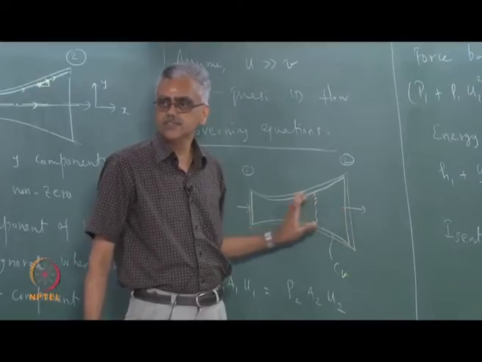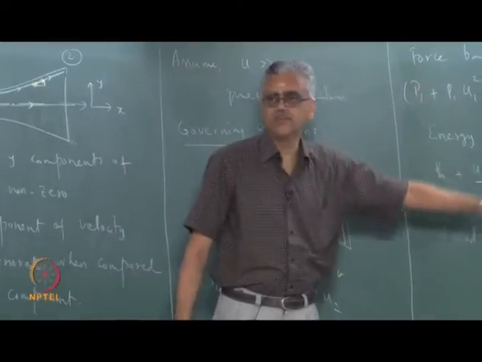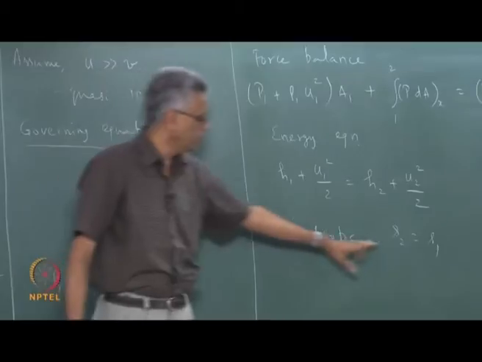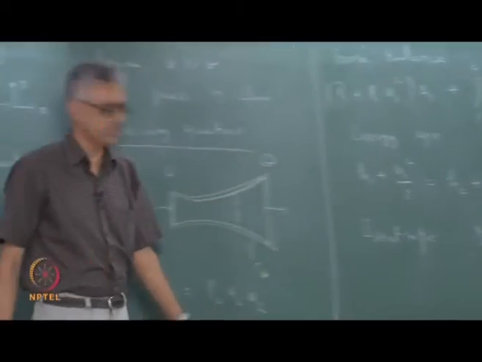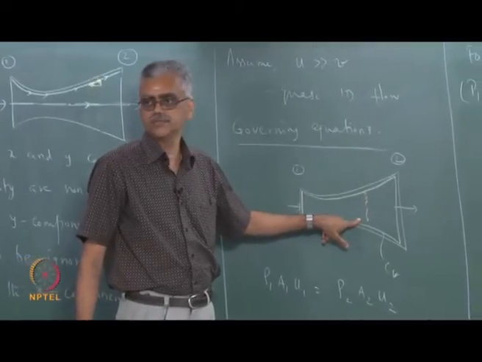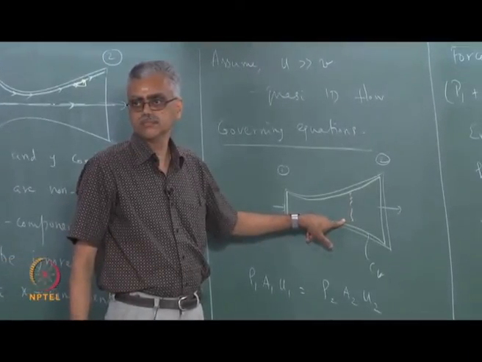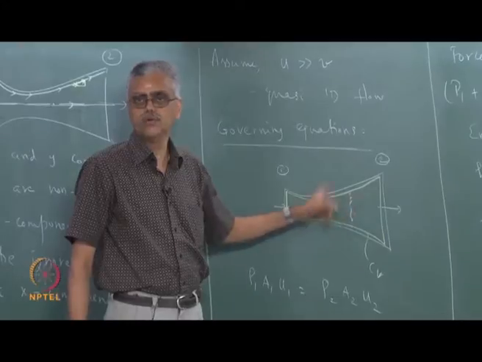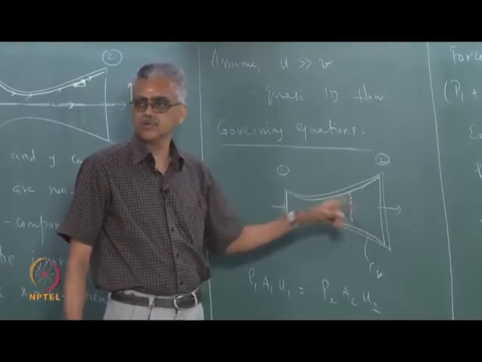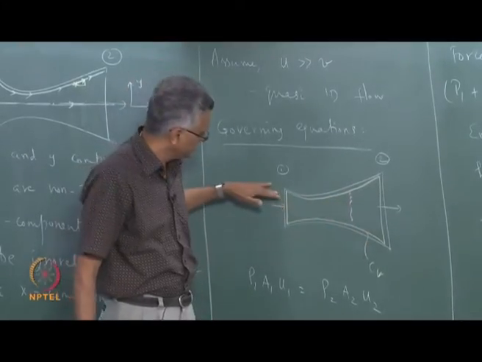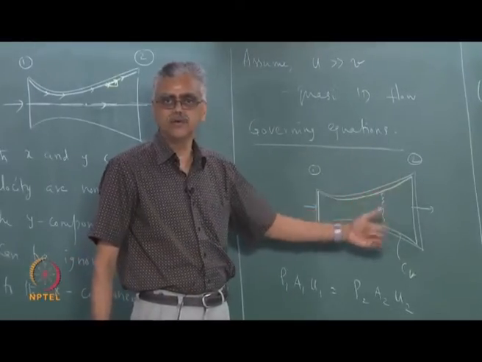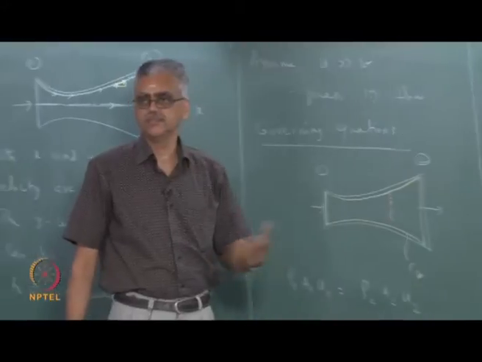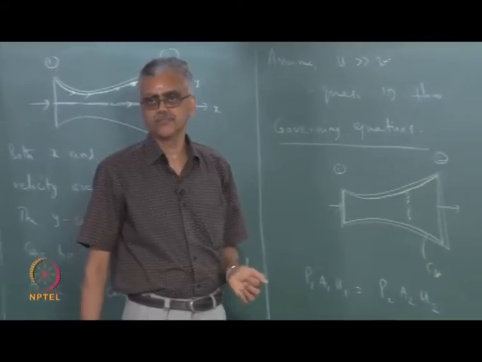So, we can handle this kind of situation within the framework of this theory. But for now we will put down S2 equal to S1 with the underlying assumption that we can handle situations like this. You know how to handle changes in properties across the shock wave. So, I can calculate changes in property up to here and then I can go across the shock wave, do the other things, that is possible. Okay.